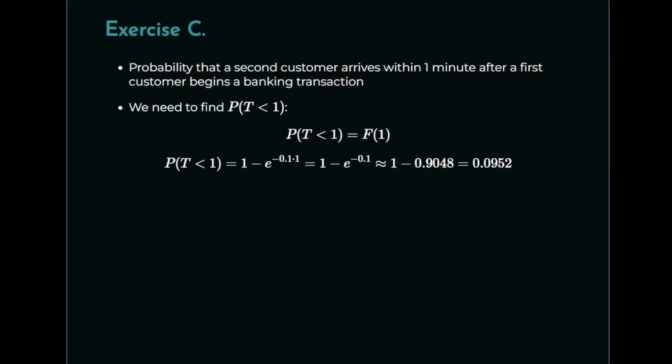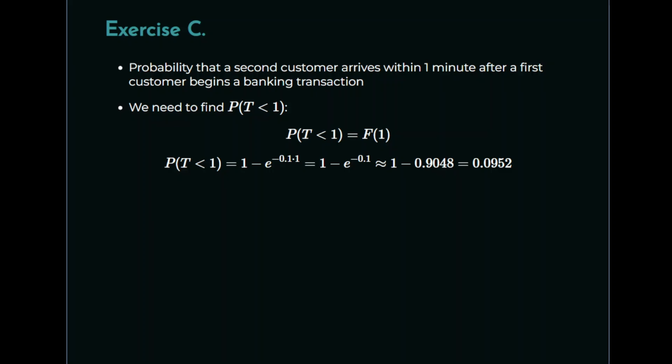And finally, exercise C: the probability that a second customer arrives within 1 minute after the first customer begins a banking transaction. Again, it's from the point of view of the machine when they turn up. What we have to do is find the probability of t being less than 1. That is the cumulative distribution function of 1. Just as a remark, 0.1 times 1 is just 0.1.